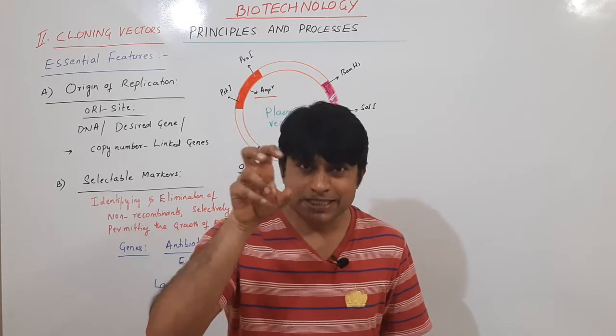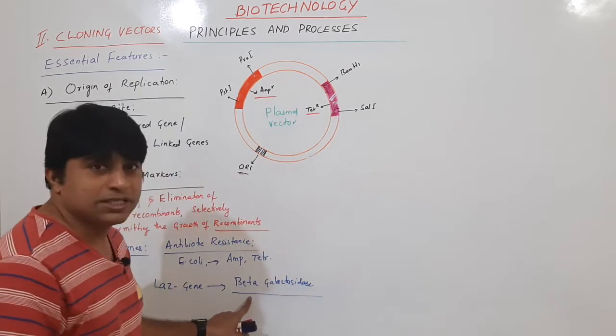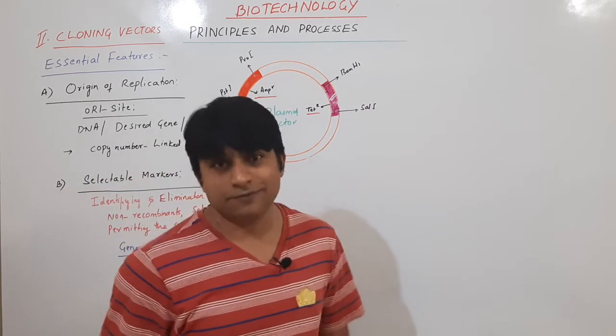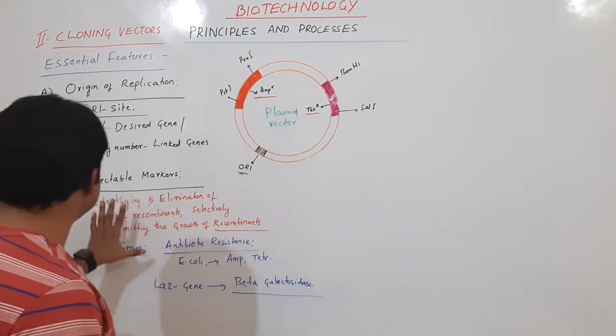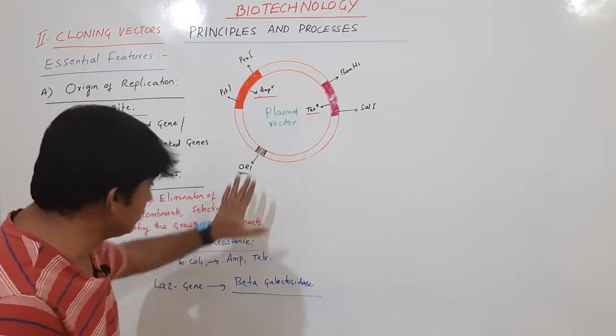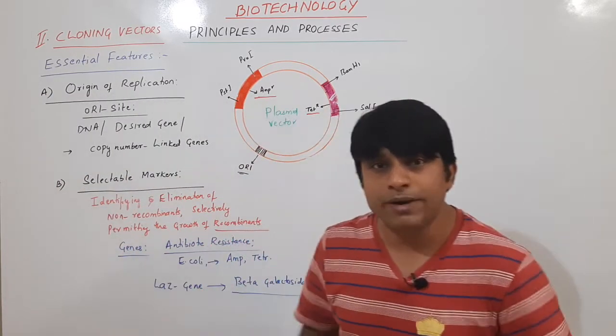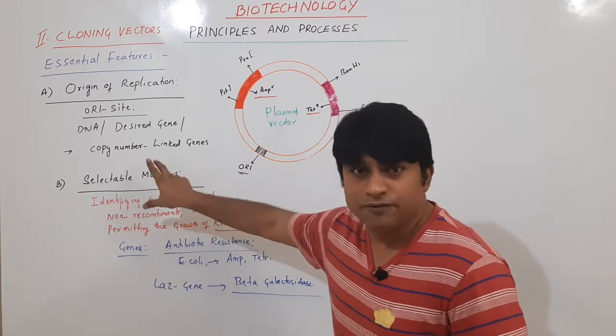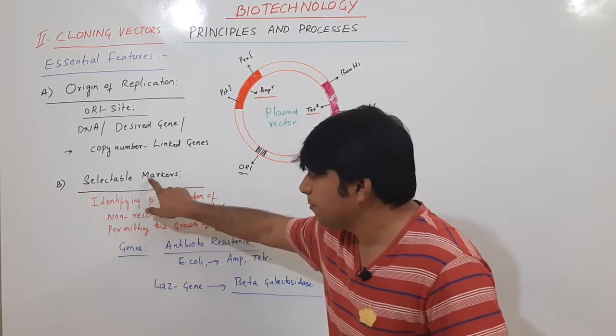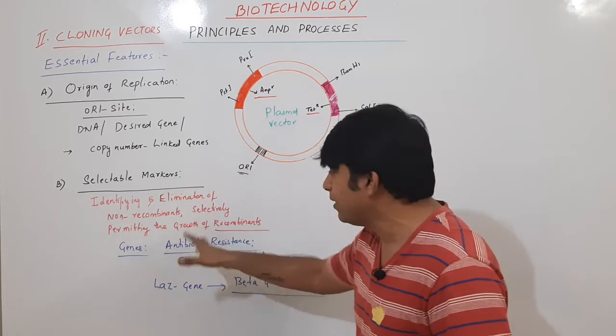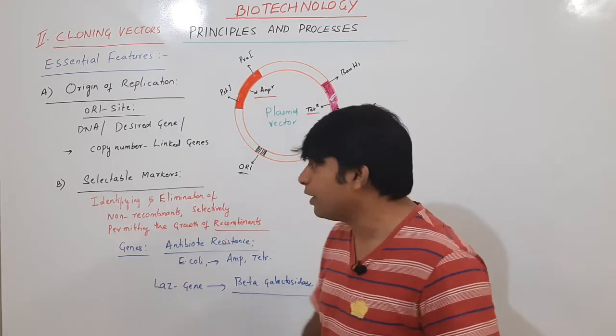That means the substrate for beta galactosidase is chromogenic, right? So these are the selectable markers that are used for identifying the recombinants from non-recombinants. After this, we'll study how exactly by using selectable markers we can differentiate recombinants from non-recombinants.